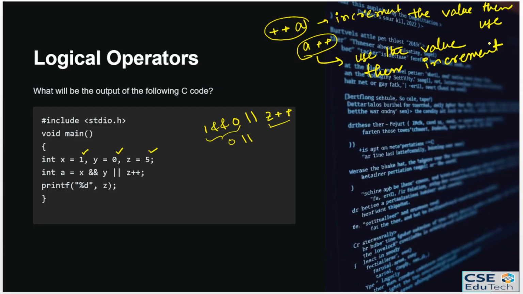So it first uses the value, which is 5. Clear? So now it is 0 OR 5.